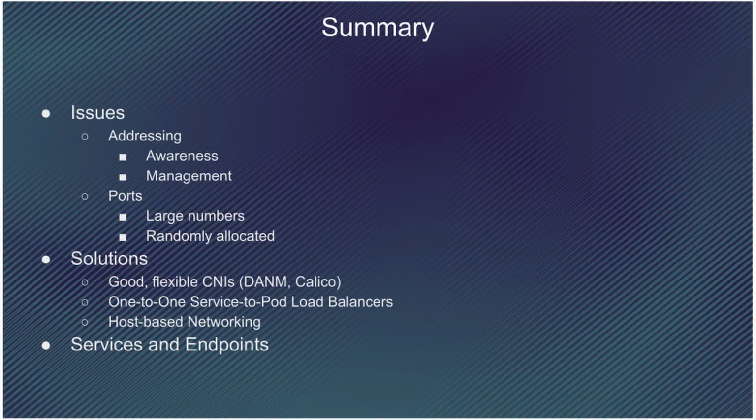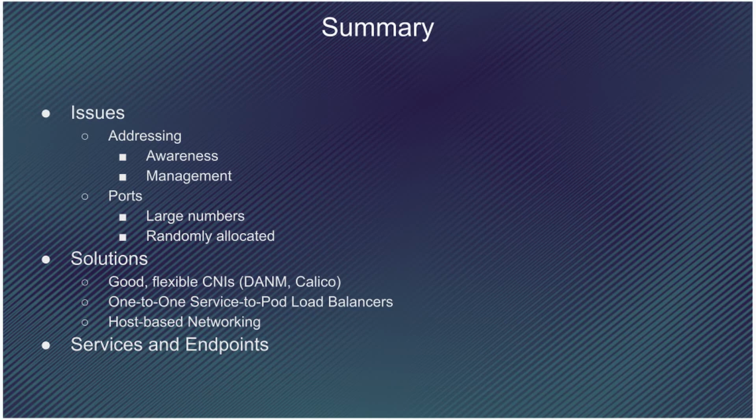You should now have a general understanding of the networking difficulties and the available solutions when running VoIP applications inside Kubernetes. Issues like addressing and the awareness and management thereof, and limited resources that we have available, particularly for external IPs, ports, and using large numbers of those ports.